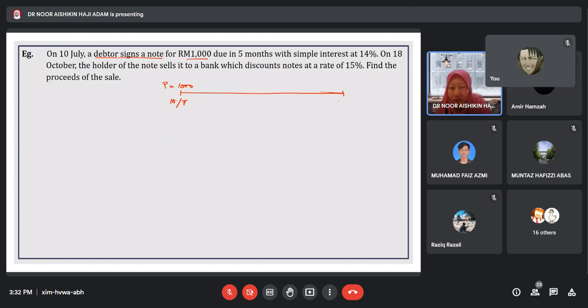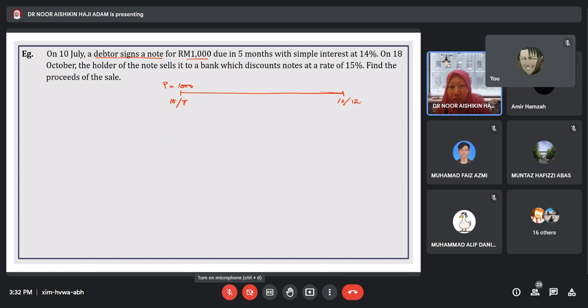And the note is due in 5 months. So berapa tarikh kat sini? The maturity date of the note. 10 Februari? December. 10th of December. Exactly 5 months.